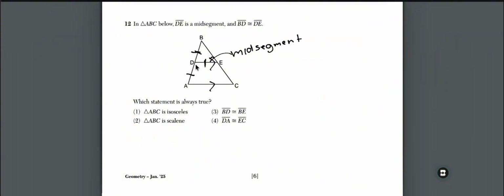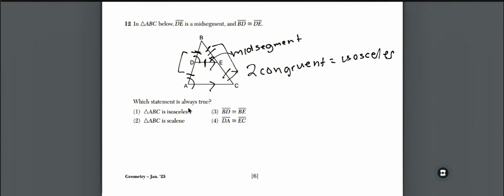BD is going to be congruent to DA, and BE is going to be congruent to EC. And this angle and this angle are congruent through corresponding angles. Now, I have this side congruent and this side congruent, and when I have two congruent sides in a triangle, I get an isosceles triangle. So I know that answer choice 1 is a plausible answer.